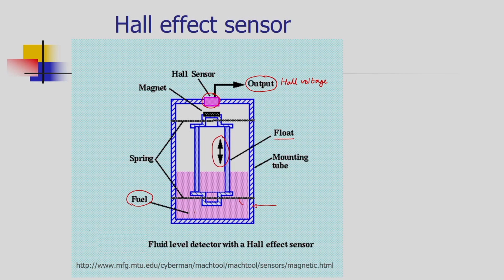If the fuel level is increasing, naturally the float will move upward. As the float moves upward, the magnet will come near the Hall sensor and the Hall sensor will generate Hall voltage. As we get a pulse of Hall voltage, we can say that sufficient fuel has been stored inside the container.